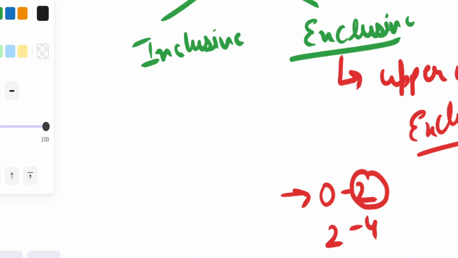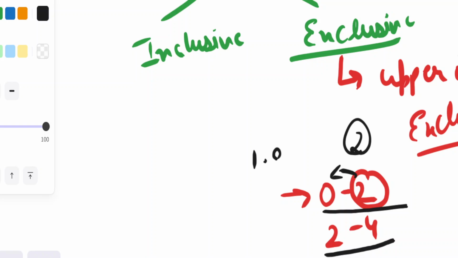What it means is, if a student is getting exactly 2 marks, they will not be counted in this interval, it will be counted in the next interval. If a student is getting marks like 1.99999, it will be counted in the first interval, but the exact value 2 will be counted in the next interval.